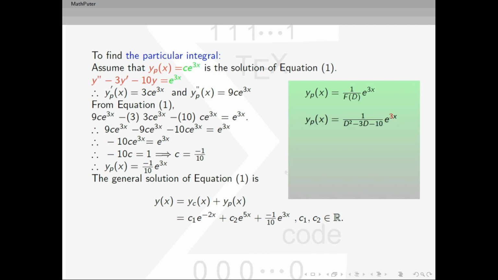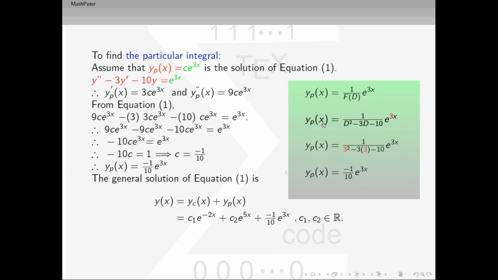We substitute this 3, the power of the exponential function, which is the right hand side, in place of d. It becomes 3 square minus 3 into 3 minus 10. So 9 minus 9 will be cancelled out, this is minus 10, and we have minus 1 upon 10 e raised to 3x.